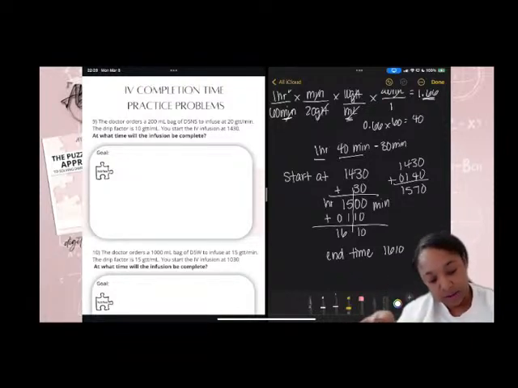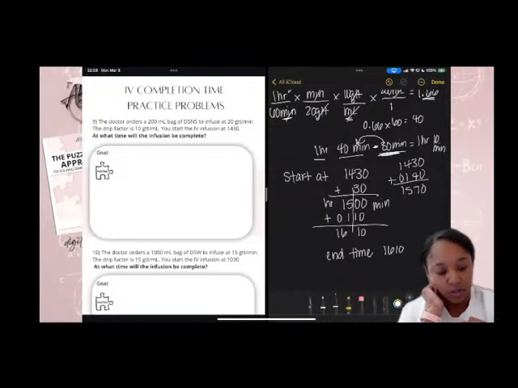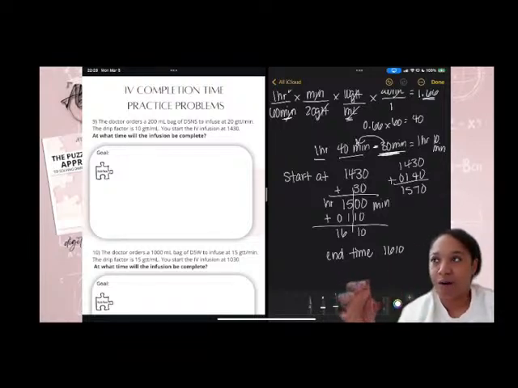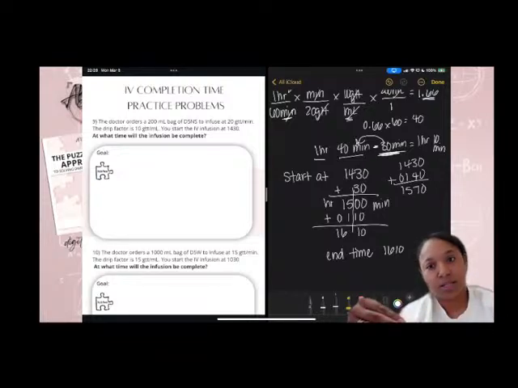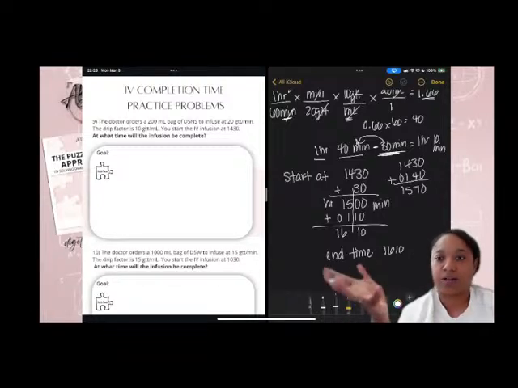So I took 30 minutes from here. And so that would leave 1 hour and 10 minutes. I'm running out of space. So then that's what I did. I just broke it down. So instead of adding the full 1 hour and 40 minutes initially, I took 30 minutes, so it'll go to the next even hour, and then it'll look like that.